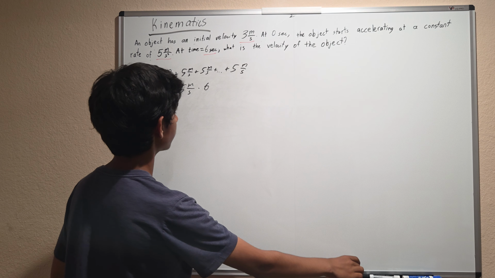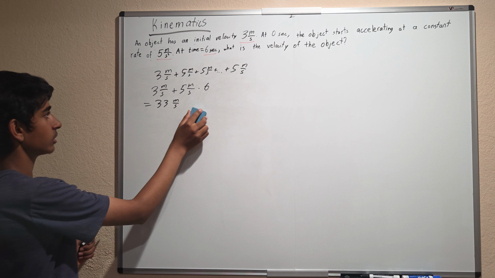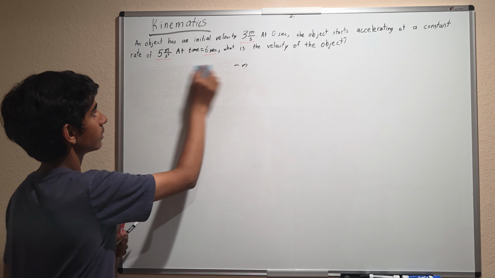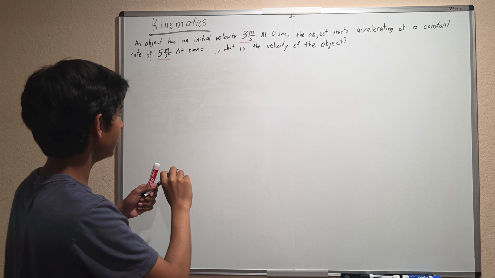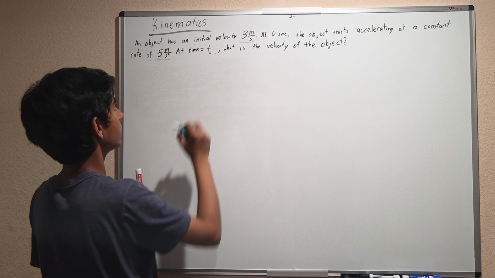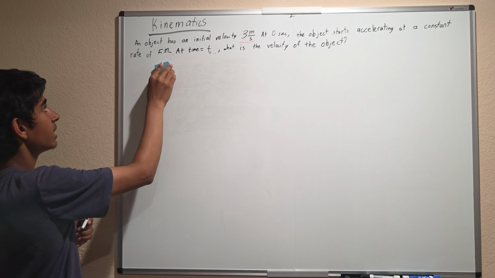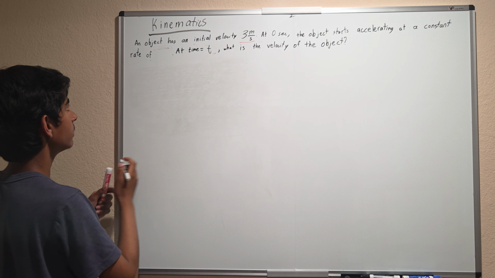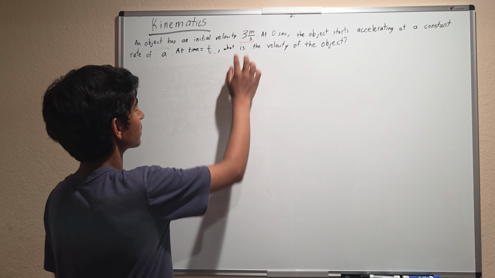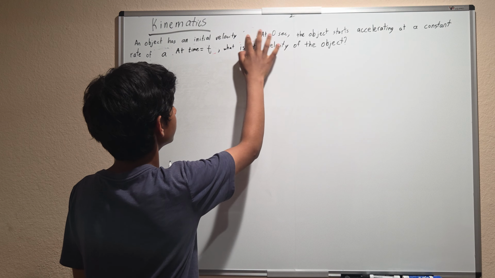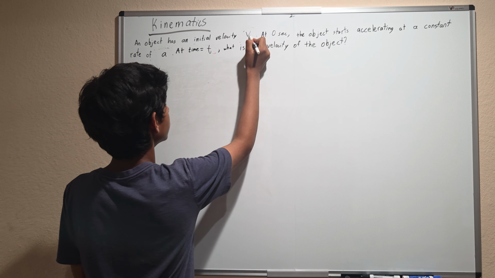Now, what if instead of numbers, we were just given variables? So the time would be t, the acceleration would be a, and the initial velocity would be v naught.